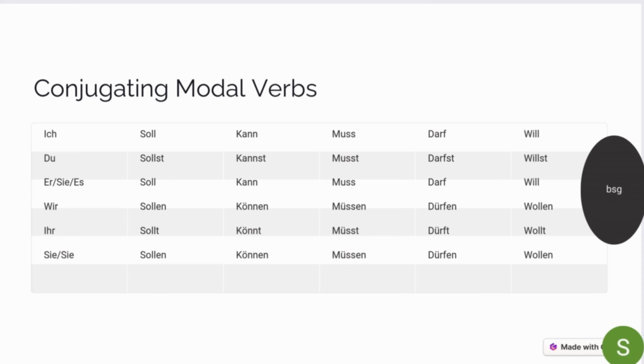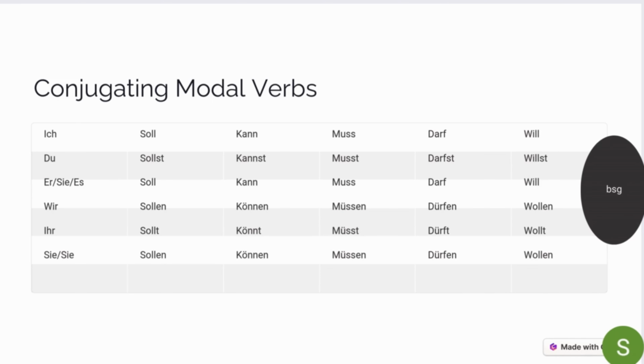The Sie that always has a capital letter, for the formal you, is sollen, and also the sie for they is also sollen. That's why they have a stroke. They are stroked at the end because they have the same conjugated form of sollen.